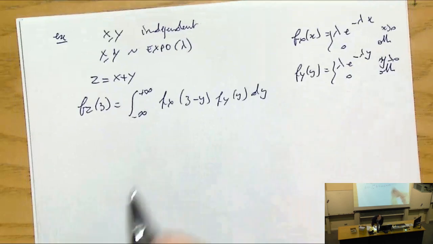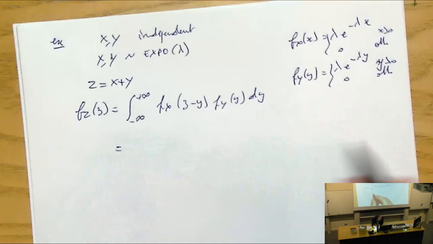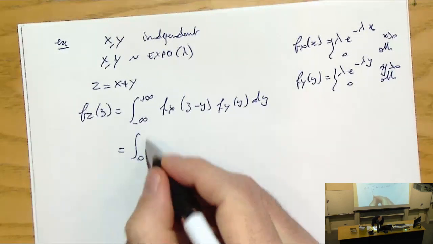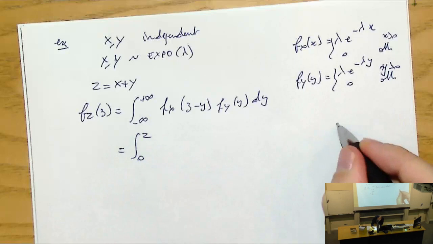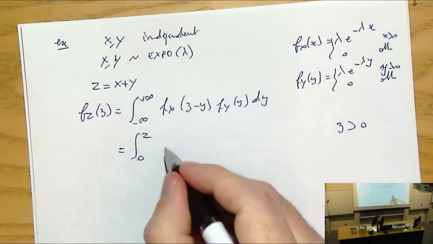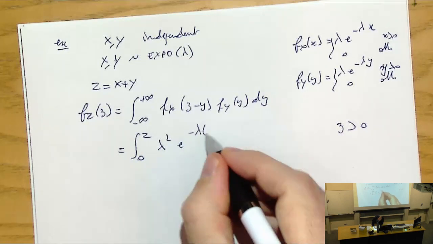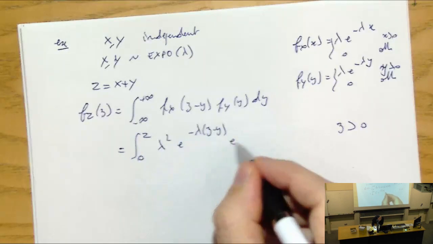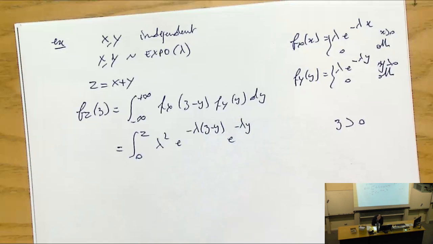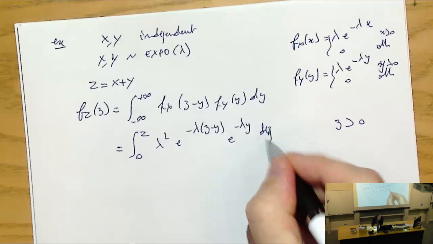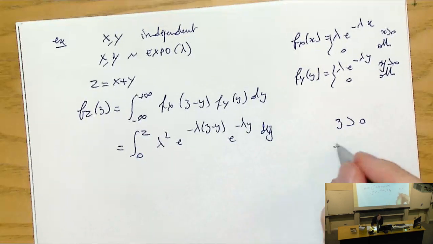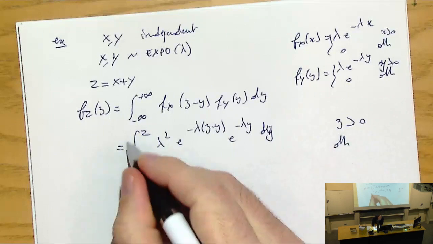Right, so if you plug this in here, what you get is essentially the integral between 0 and z, and you assume z is positive, of lambda squared e to the minus lambda (z minus y) times e to the minus lambda y dy. And otherwise, you have 0.